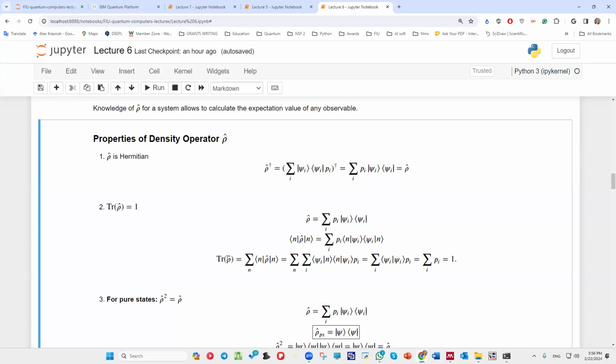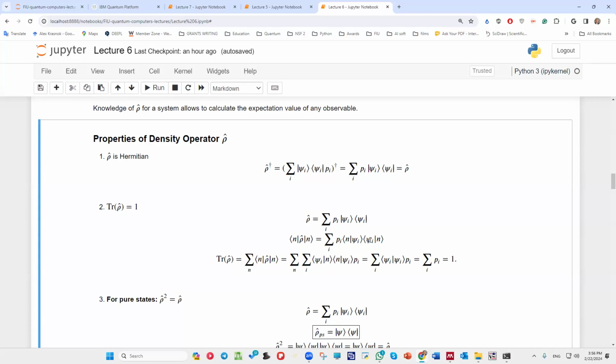Then taking the trace of an operator means that I sum up this quantity for all possible n. Right, so I sum up this one for all n. This is the result.